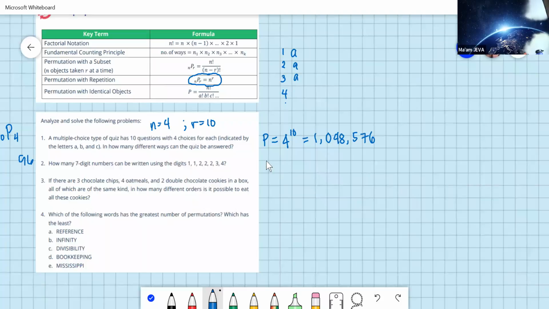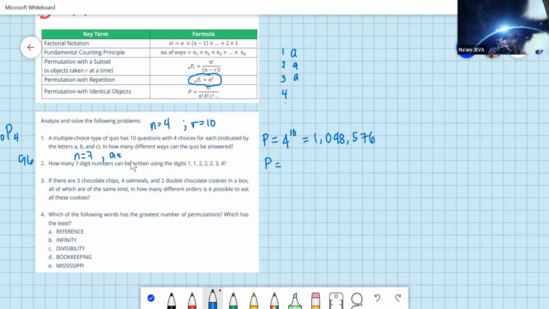So P is equal to N factorial. What is your N? Your N here is 7. Your A could be the first digit that repeats, which is 1.